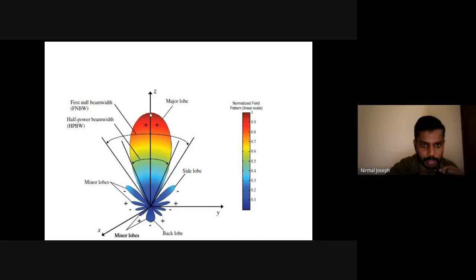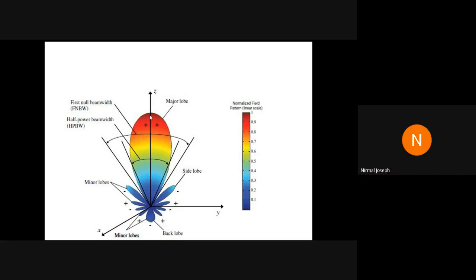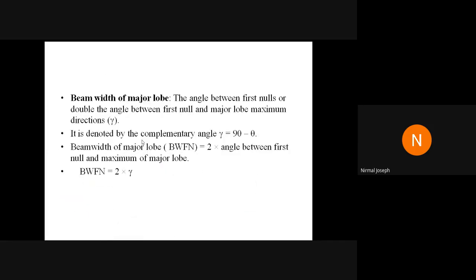From here to here we can take the angle and multiply it by 2, or we can take the angle from here to here. That is the angle between first nulls, or double the angle between the first null and the major lobe maxima. It is denoted by the complementary angle 90 minus θ, and the beam width between first nulls is 2 times γ.